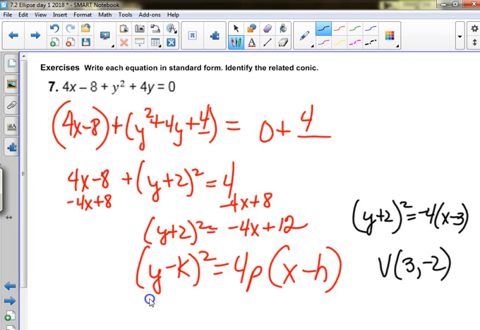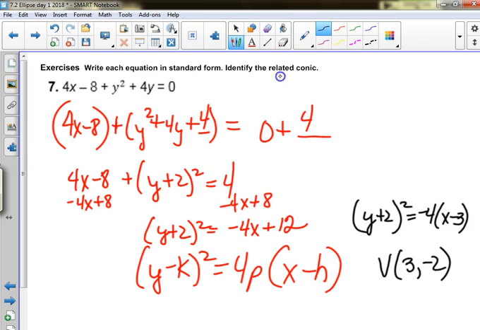Sure can, thanks. Where'd I lose you? I just subtracted 4x and added 8 to get this off this side. That would have been my first step. As soon as I noticed there wasn't an x squared, I would have known it was a parabola, and I would have moved all that over to the other side right away.